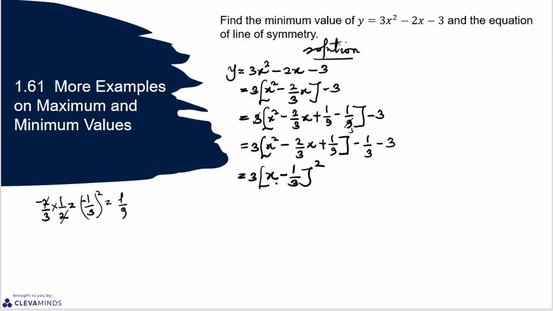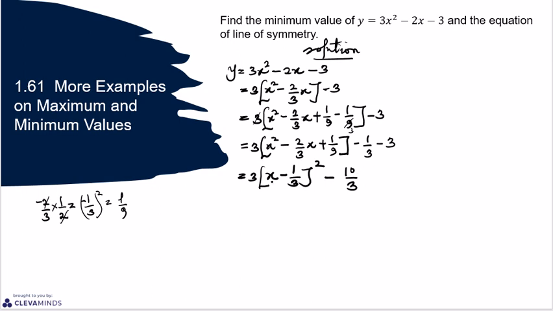So by the time we expand this x minus 1 over 3 all squared, we get back this expression in the previous bracket. Can you see that? So we now say minus what? This gives us 10 over 3. Do you understand? Good.